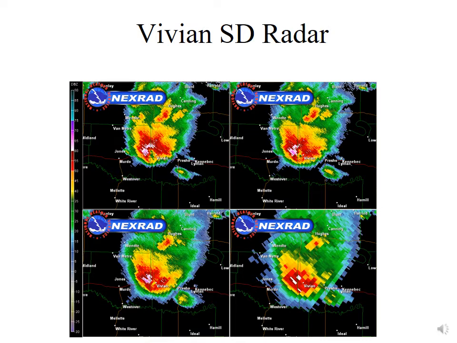And so in this particular storm, we have a significant amount of purple inside the radar, indicating the presence of very large hailstones associated with this storm.